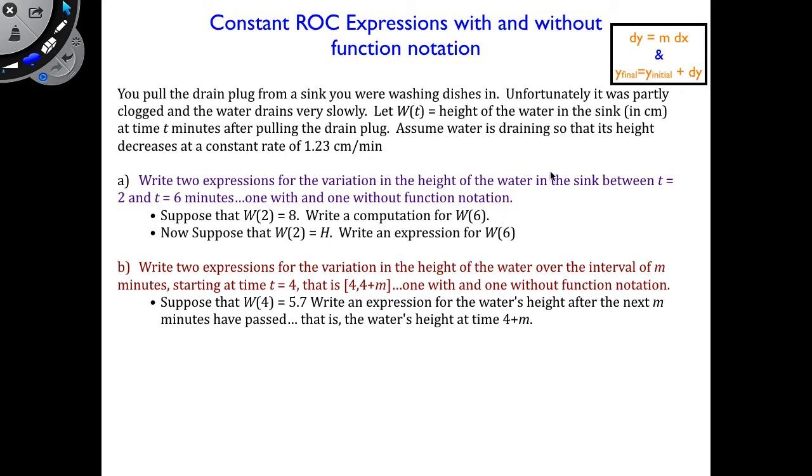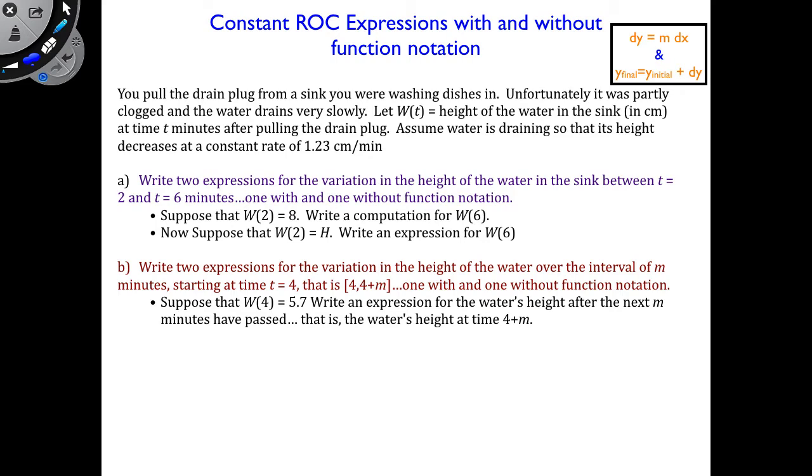So as long as I have a starting point, y final is my starting point, y initial plus dy, a change, which we just represented a couple of ways, but since it's constant rate of change, it might be easier to think of this just by using, instead of dy as y final minus y initial, dy is this negative 1.23 times the amount of elapsed time.